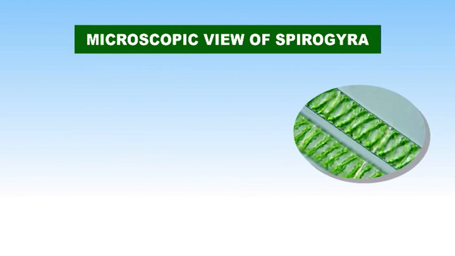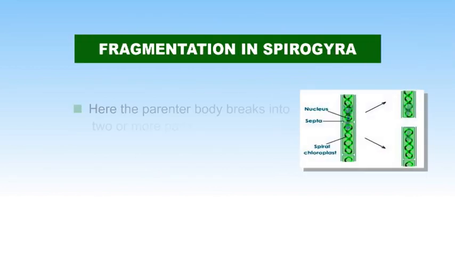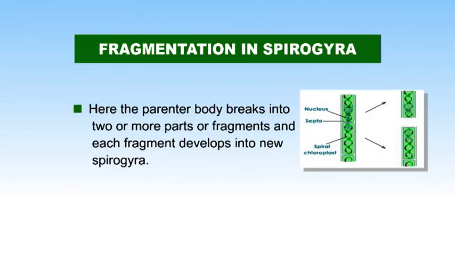I am going to show you a picture of Spirogyra. When this plant is observed under microscope, it appears like this. It is the structure of Spirogyra. Here, the parental body breaks into two or more parts or fragments, and each part develops into a new Spirogyra.